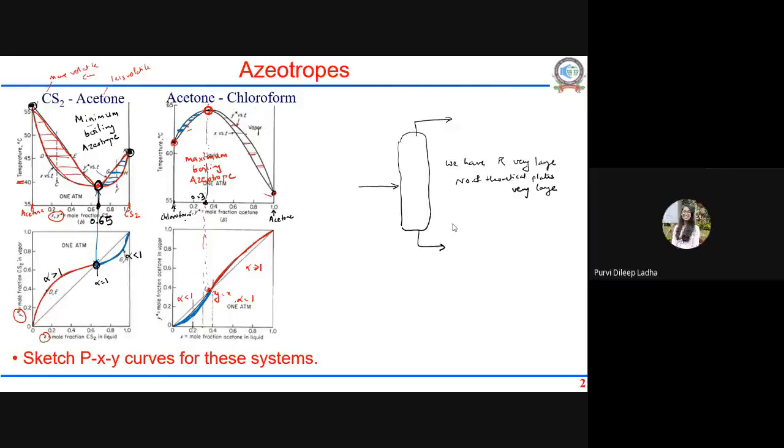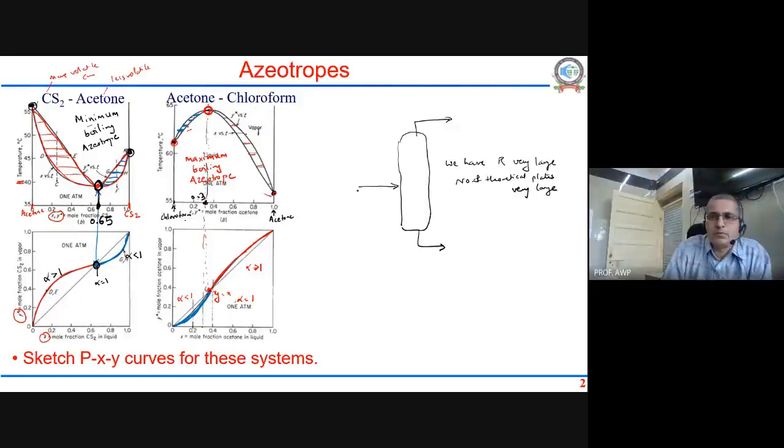Now in this feed, let's say I am putting a CS2 and acetone mixture, with 0.5 CS2 and 0.5 acetone mole fraction. Let me write it properly.